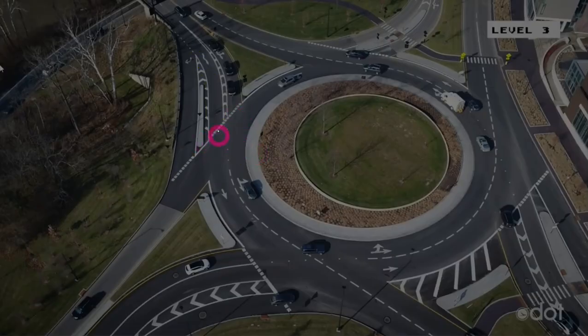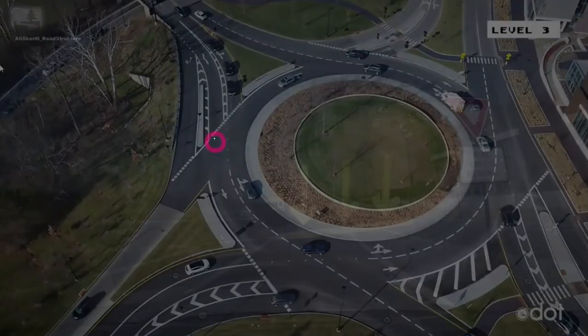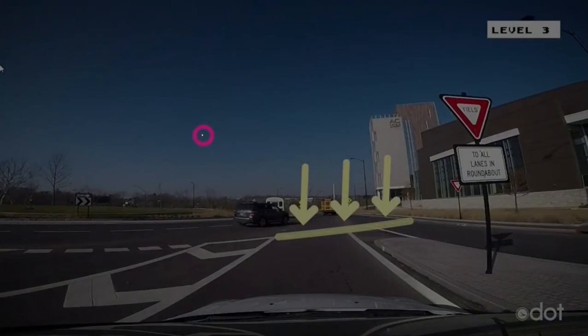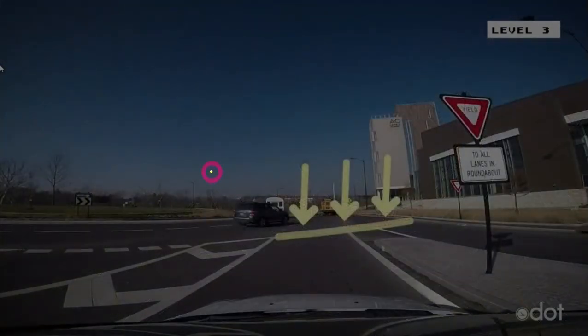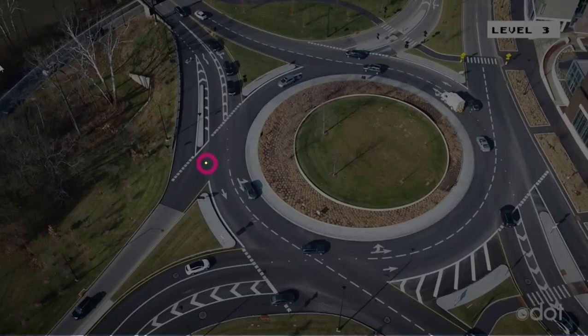Let's have a look at it from another perspective. Here, oops, sorry, something wrong with it.